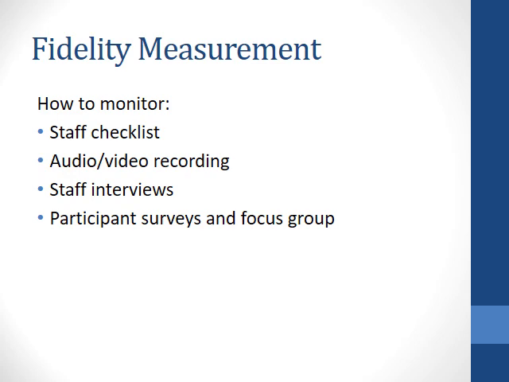You can do interviews with staff on how the process was in implementing the program. You can also do participant surveys. This is where you might do satisfaction surveys. How well did the staff member do in carrying out this program? You can do participant focus groups. All of these are tied back to making sure that your program was being implemented how it was supposed to be implemented.